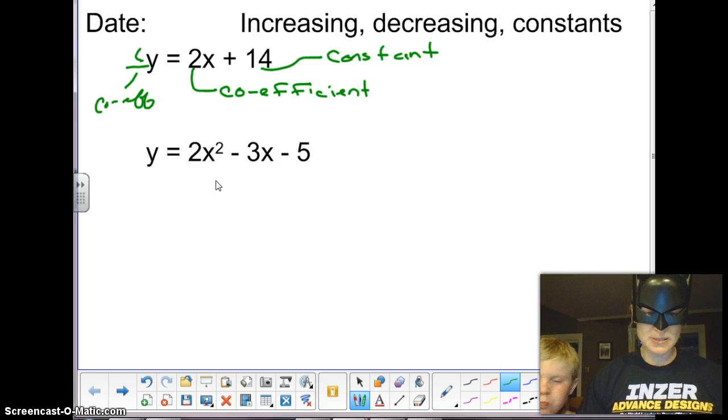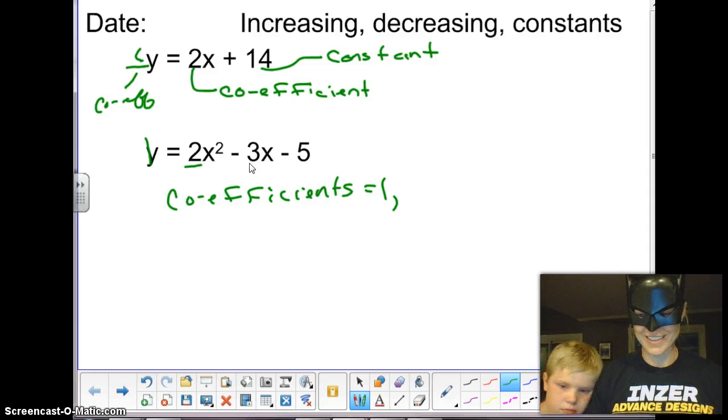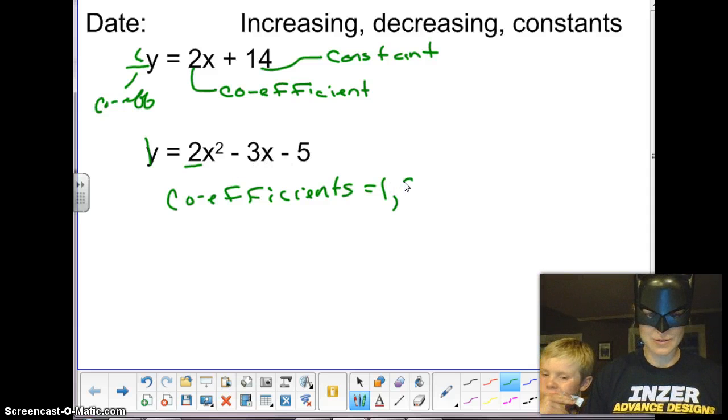So if I'm looking at this example here and I want to know what coefficients there are in these equations, I would say first there's the 1 here, and then 2 is a coefficient because it's a number in front of the variable x squared, and -3 is a coefficient because it's in front of an x.